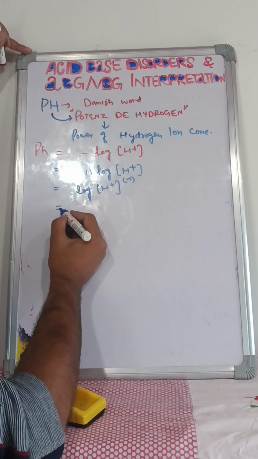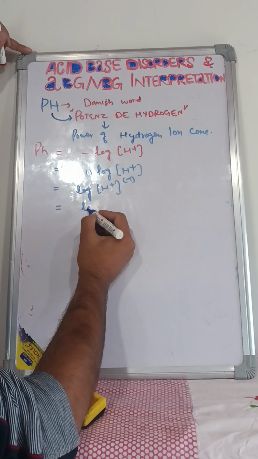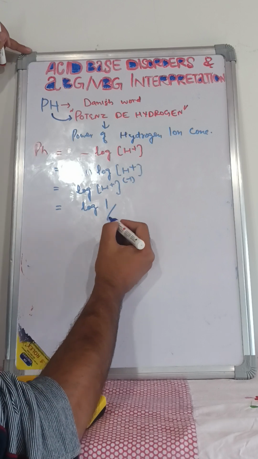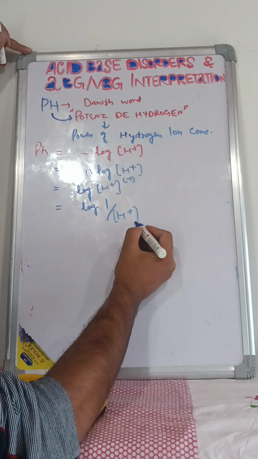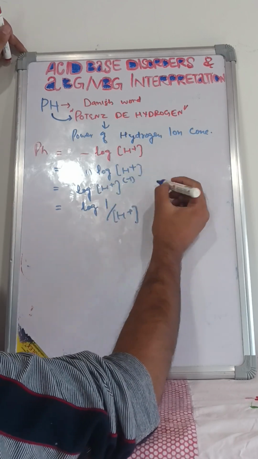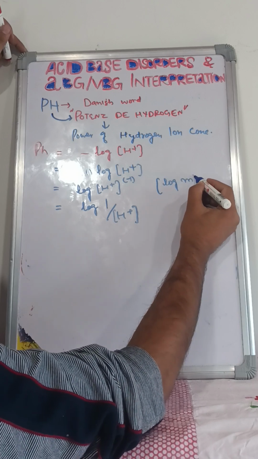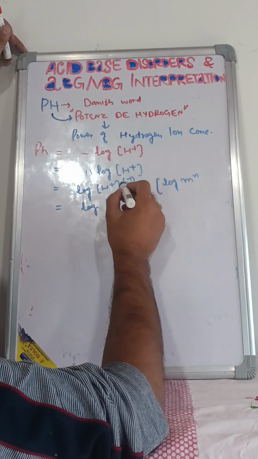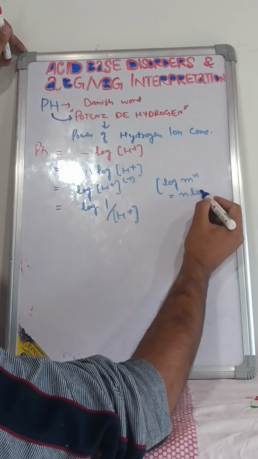Or simply you can write pH is equal to log of 1 by H positive ion concentration. It is because log of m raised to power n is equal to n log m.